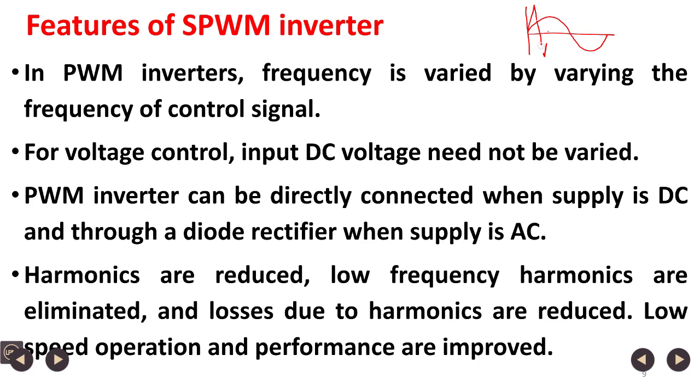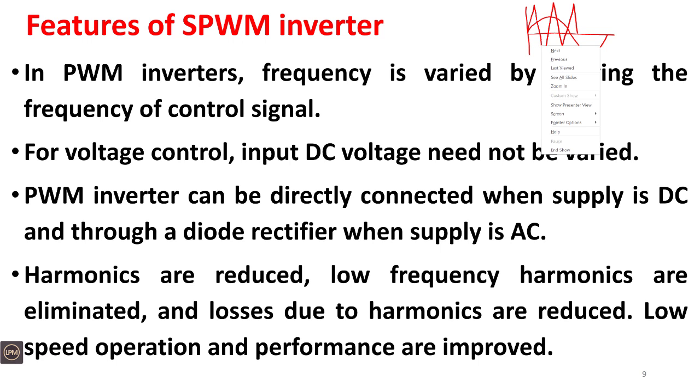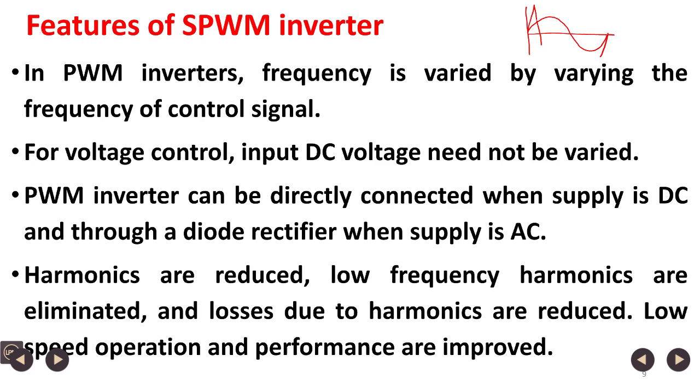Then a triangular carrier signal is compared with the modulating or reference signal, and pulses are generated. Because the modulating signal is sinusoidal, it is called a sinusoidal PWM signal.